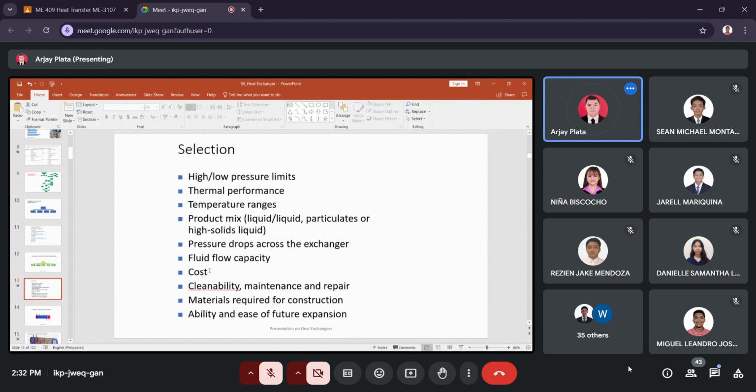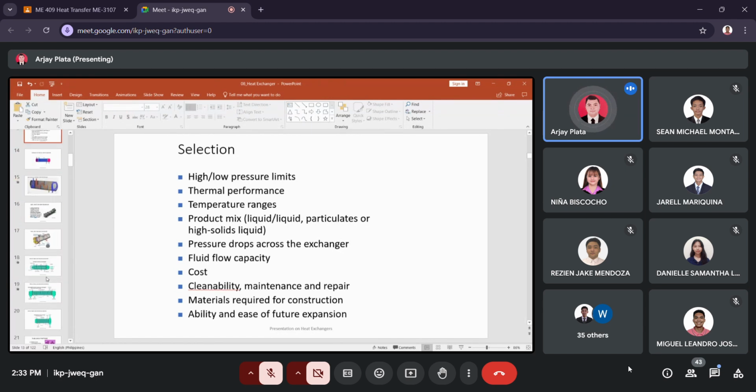So fluid flow capacity and pressure drop across the heat exchanger are some of the considerations when selecting the right type of heat exchanger. So how do you know if the heat exchanger that you use is correct?